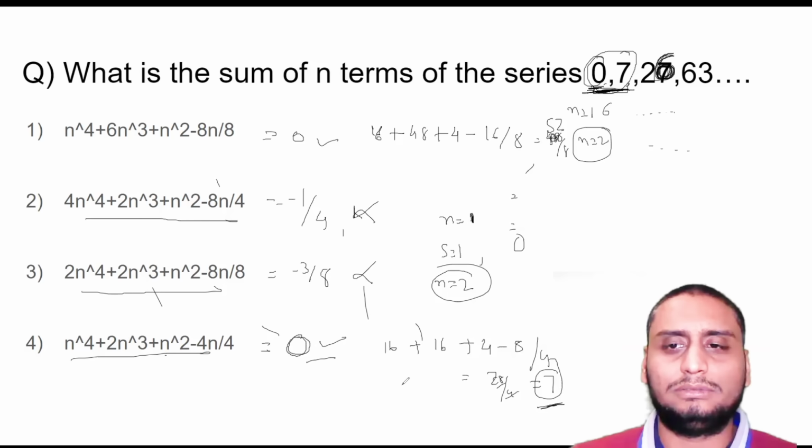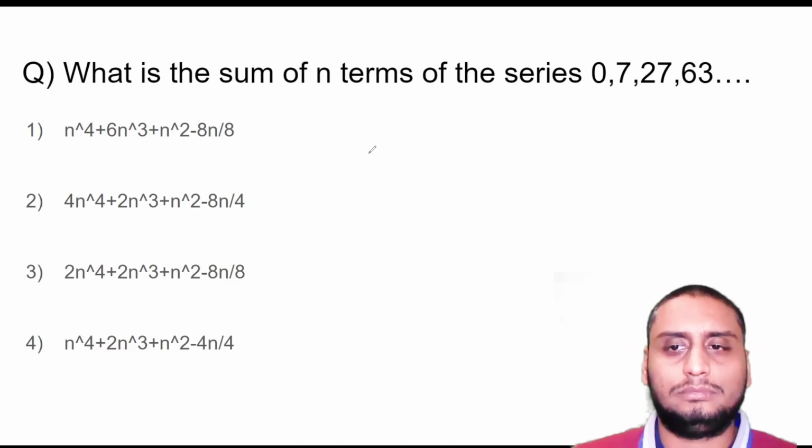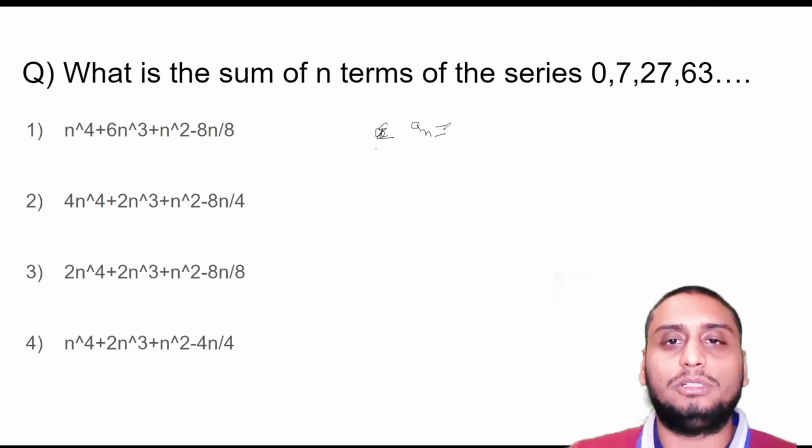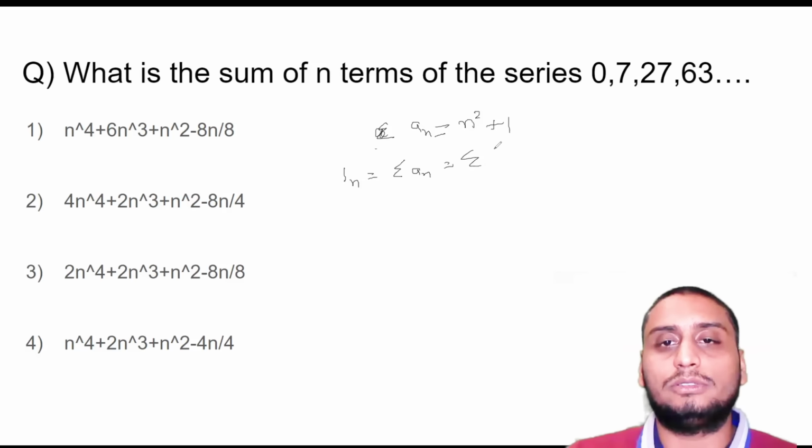Which formula? For sequence and series, I hope you have learned this topic. In a sequence, you have to find the general term. Let's say the general term is n square plus 1. Then to find the sum, you take sigma of an, so you do sigma on this side also: sigma of n square plus 1, which is sigma of n square plus sigma of 1.